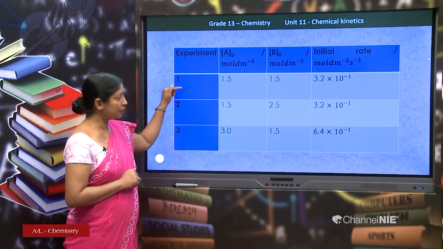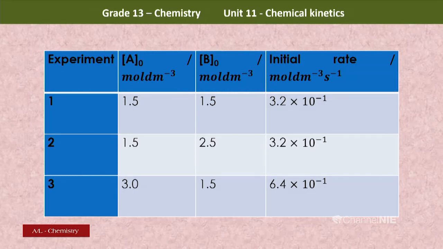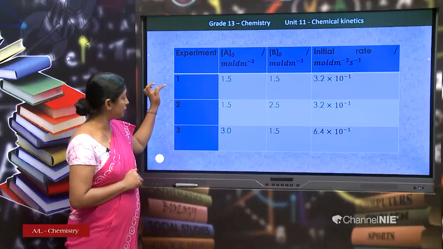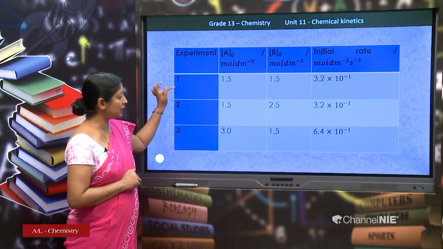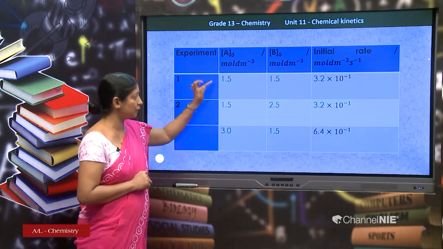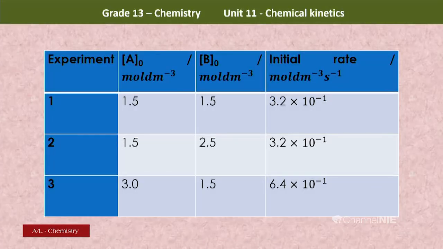Can you all identify the correct data? We have to use the first and third data. In the first and third data only, the concentration of A is variable, whereas the concentration of B is constant. So, to determine the order with respect to A, we use first and third.